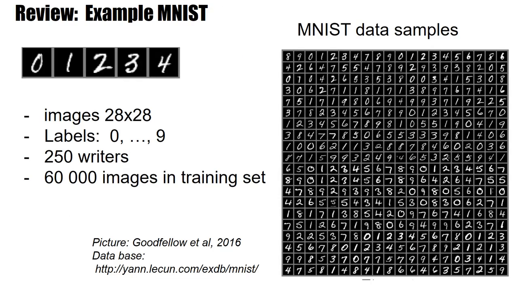As input images, we could take cars, but we can also take handwritten digits, and this is again the example of the MNIST database, where we have handwritten digits from 0 to 9 with different writers, different writing styles. On the right hand side you have many examples.